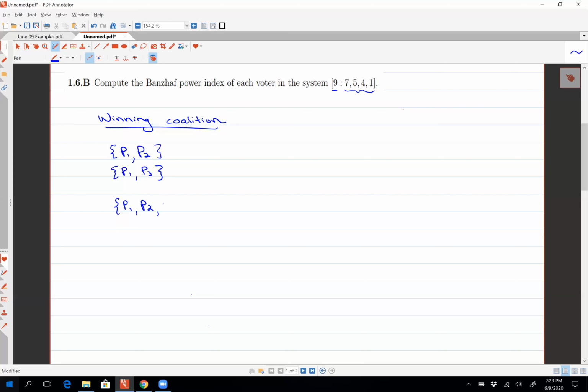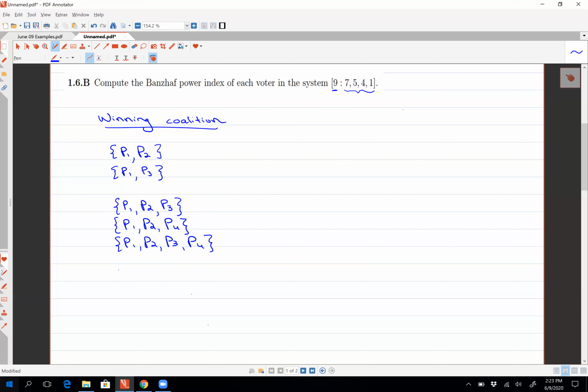Clearly, anything else we add to this, it will still remain a winning coalition, right? We could add voter 3 and it would still be a winning coalition. We could add voter 4 and it would still be a winning coalition. And we could add both voters 3 and 4 and it would still be a winning coalition.